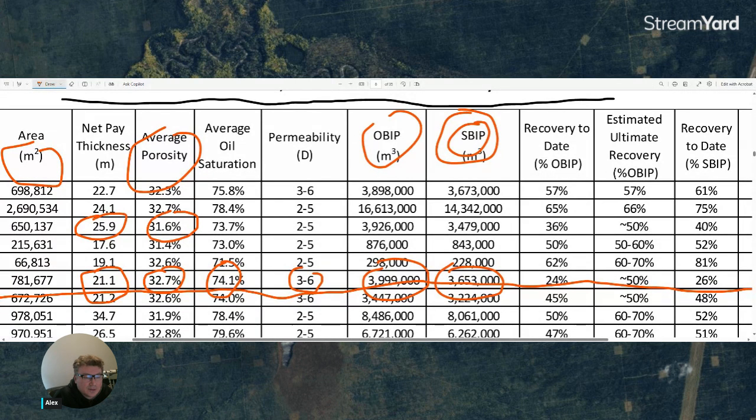And that will be not connected because you could have something called, and I'll type it, IHS, inclined heterolithic stratification. I know it's crazy wording, but these are geologies that are not very permeable.